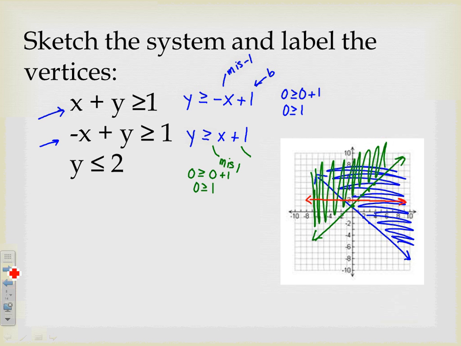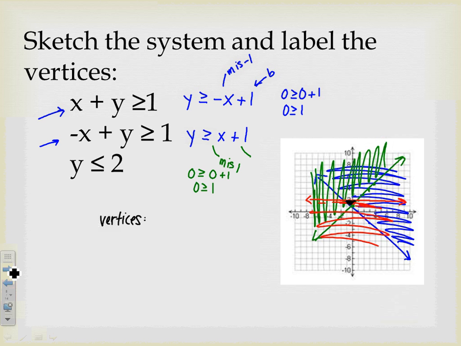If it's going to be less than or equal to 2, I'm going to graph underneath. So my solution is this small little triangular area where red, blue, and green all ended up being. Now, the last thing that our question asks us to do is to state the vertices of the region.